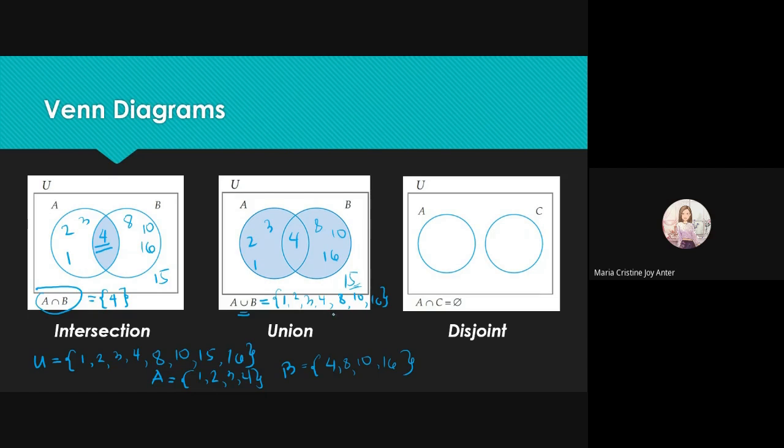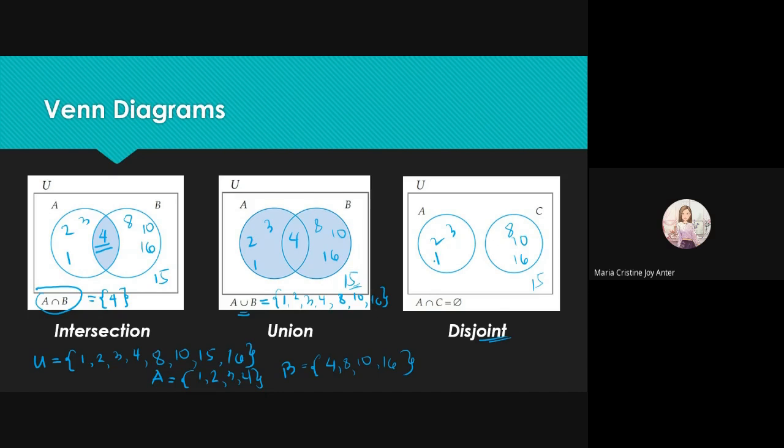Miss, what if there is no common element? Those are the disjoint sets from earlier. For example, 1, 2, and 3 are here, and 8, 10, and 16 are there. And 15 is thrown outside. Therefore, sets A and C do not have anything in common. A and C are disjoint, this is just an example.